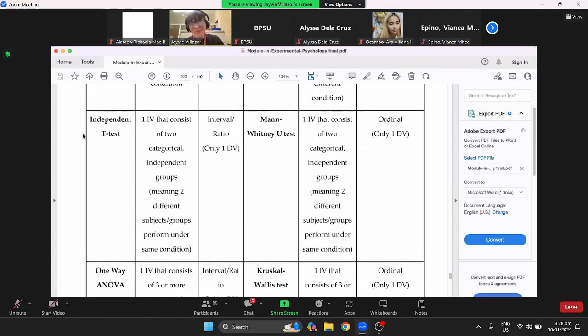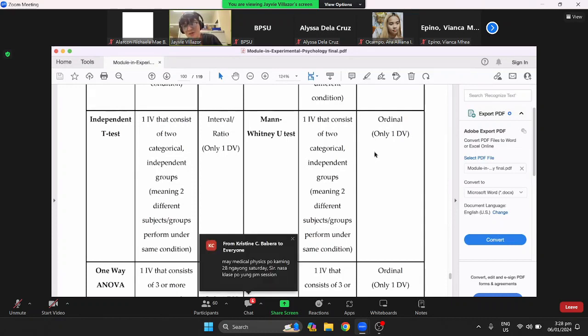Kasi yung dependent variable ng independent t-test ay interval or ratio, while yung kay Mann-Whitney, hindi na siya interval ratio. Ordinal siya. Yun lang yung pinagkaiba, kasi nga non-parametric ang mga ordinal test. Can you follow?